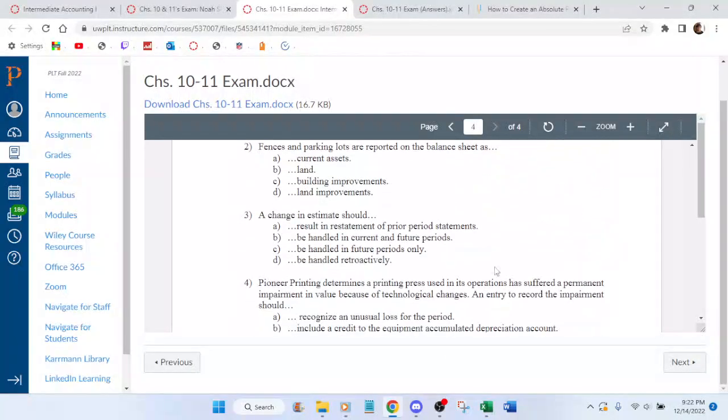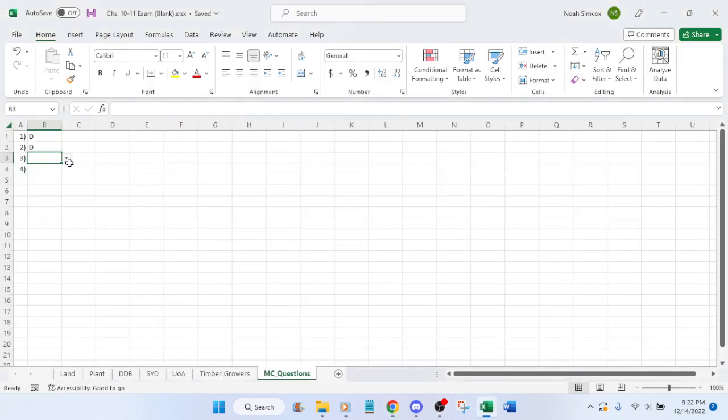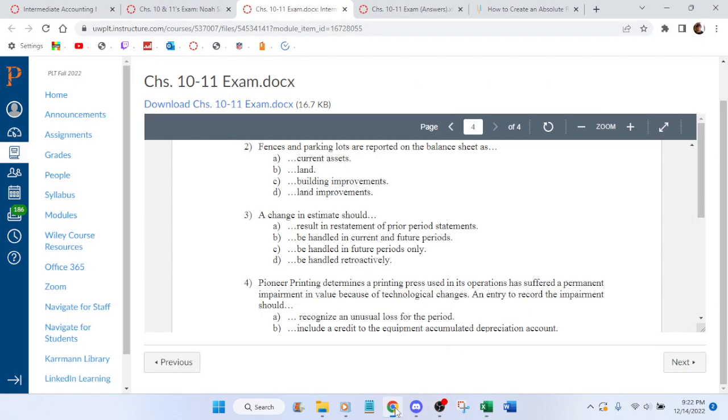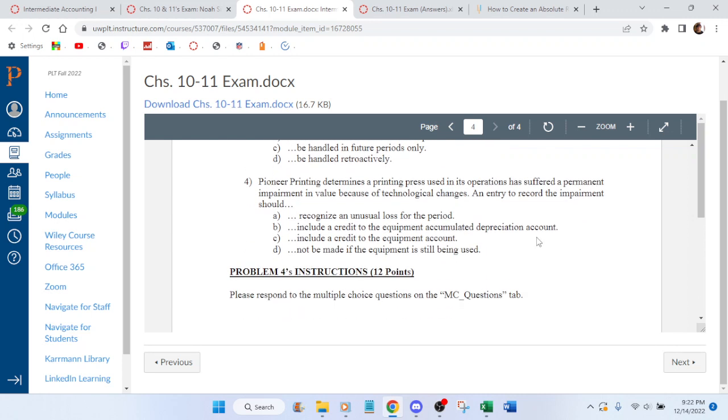Oh no. A change in estimate should be handled in current and future periods, B. And 4: determine a printing press has suffered impairment in value. Okay, which account is going to be credited? Is it equipment?